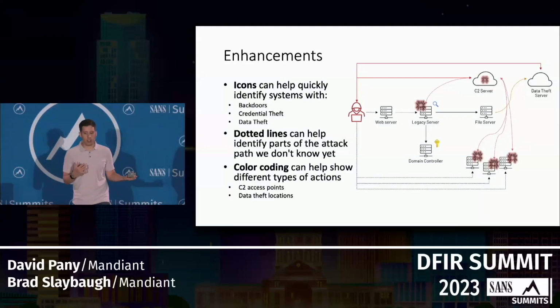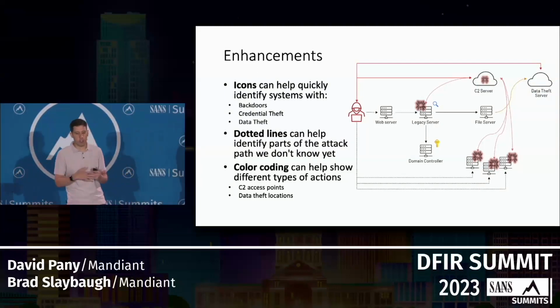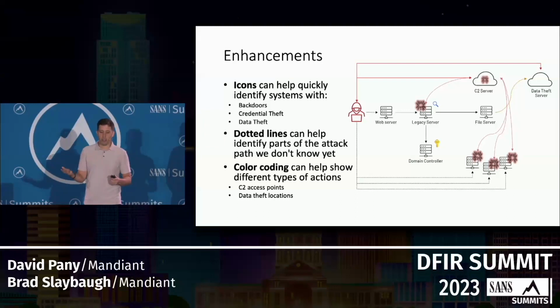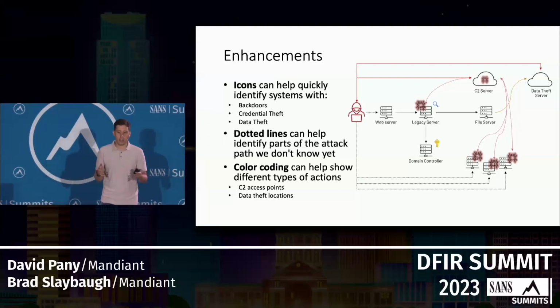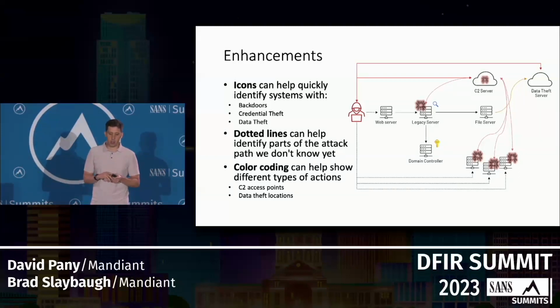And also color coding. I like to use this in diagrams where an attacker, let's say, deployed Cobalt Strike to 20 systems, but they're really only accessing 3 of those. We look at our firewall logs, we look at our NetFlow logs, and we only see that they're connecting into 3 of those systems. So maybe we highlight those lines as red to emphasize the 3 systems that the attacker was coming back into in the environment to access those backdoors.